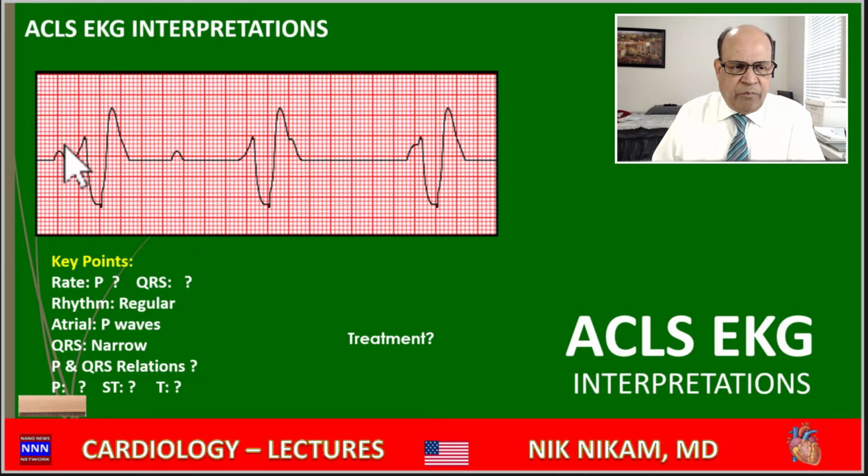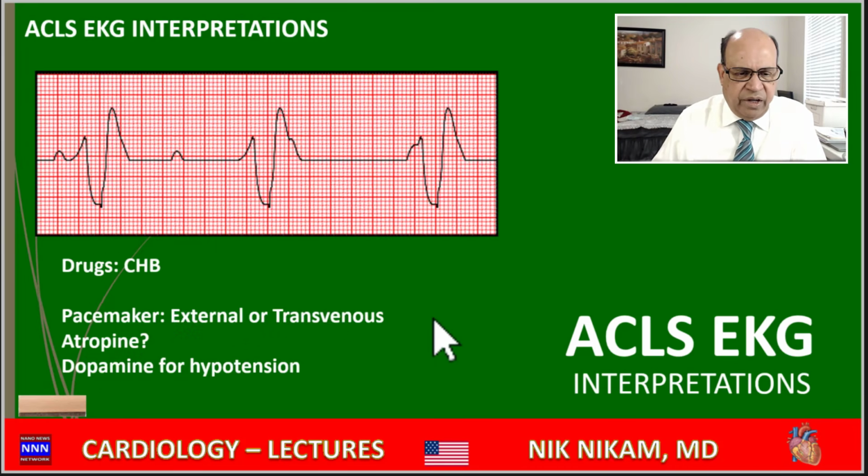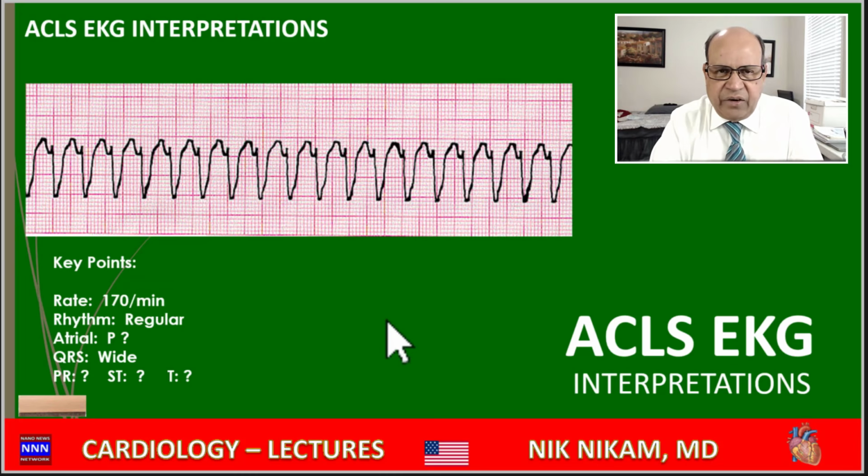So we have a broad QRS idioventricular rhythm which is independent of the atrial activity. So we are dealing with a complete heart block with a very wide QRS rhythm. The treatment for this would be, of course, a pacemaker, and if they are hypotensive, we can support them with dopamine.